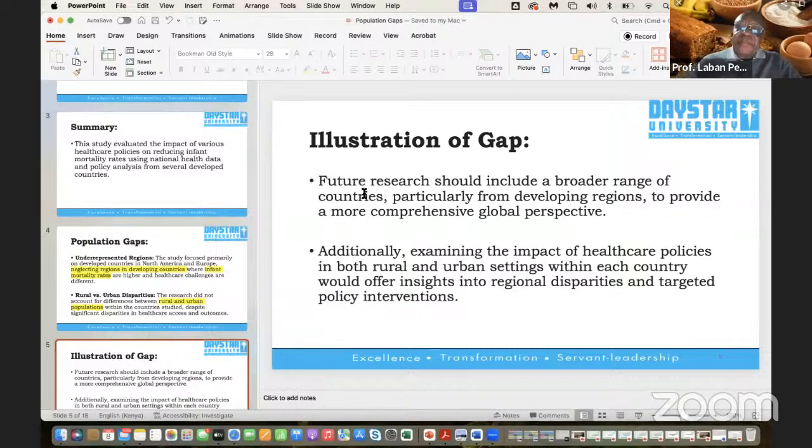So we are saying future research should include a broader range of countries, particularly from developing regions, to provide a more comprehensive global perspective. Or additionally, examining the impact of healthcare policies in both rural and urban settings within each country would offer insights into regional disparities and targeted policy interventions.